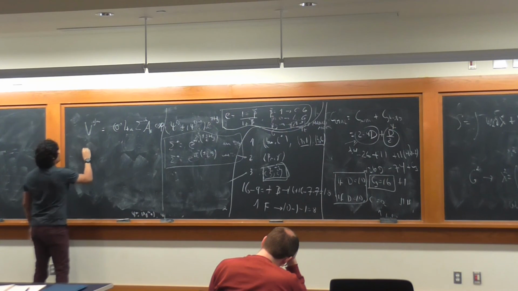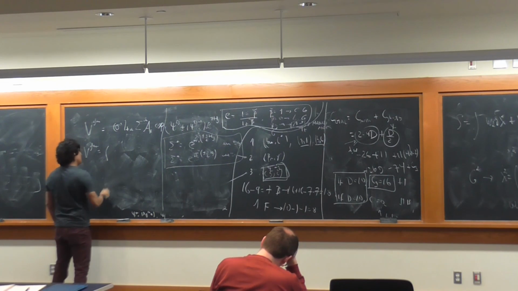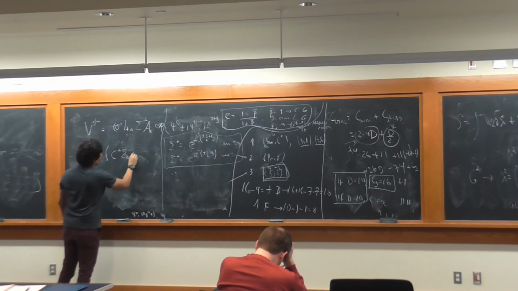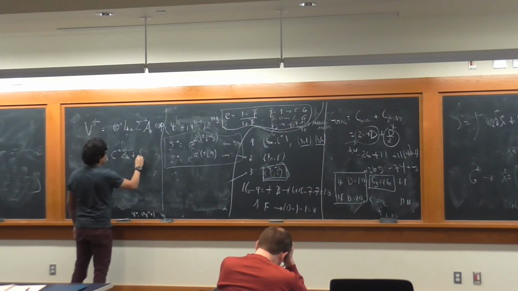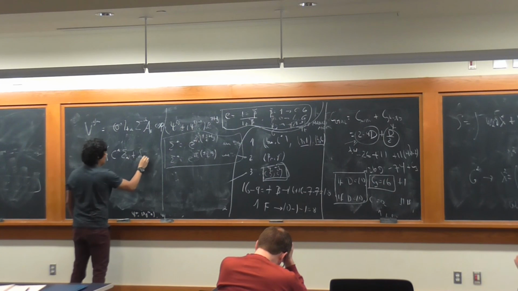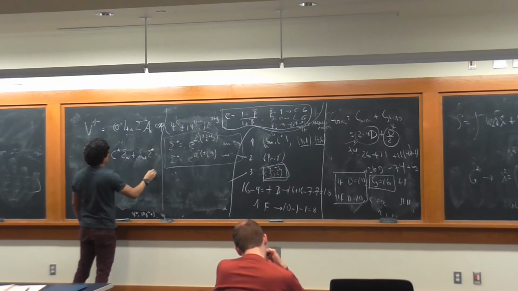And for the gluino, we can write something like this. Remember, it's like CA dot, sigma A dot, plus sigma A, delta A plus, sigma plus, and the exponential.